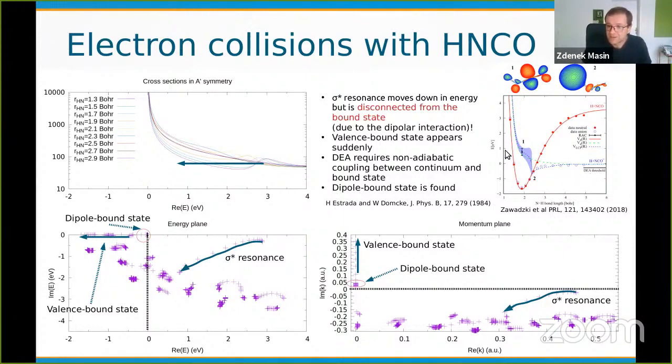So on the right, you see the equivalent picture of what I was just describing, and that's from the work of Zawadzki from 2018. So you see the potential curve of the neutral, and here is the resonance, which goes down in energy, but becomes wide as it approaches the threshold. And then there is the bound state here.